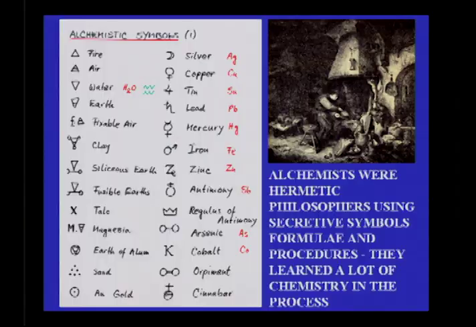Here I have compiled for you some interesting alchemistic symbols. Chemistry has been carried out all over the world, in China, in the Americas, in Africa, in India, in Europe, everywhere. However, every culture used different symbols.